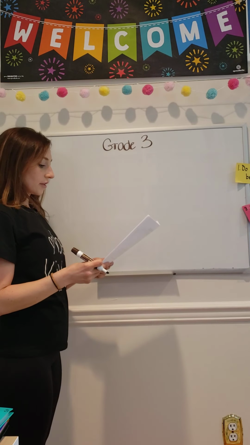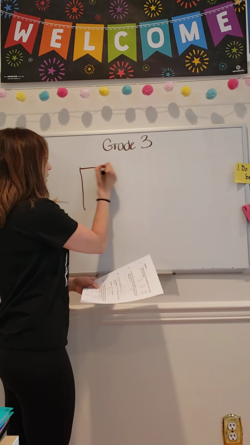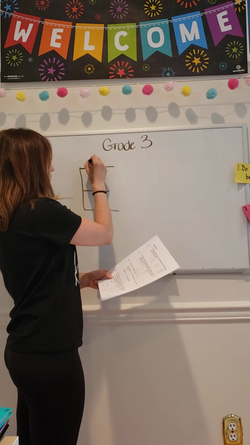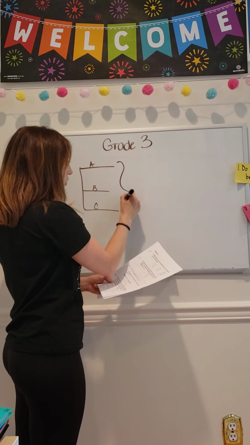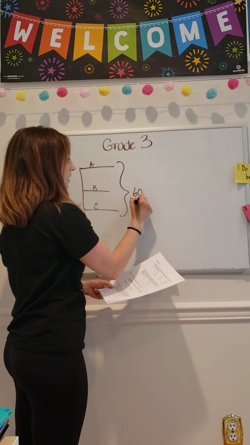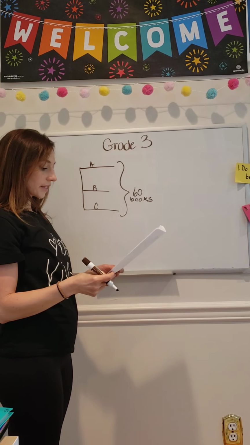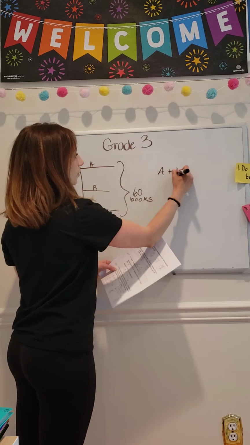And it says, 3 shelves contain a total of 60 books. I'm going to draw a picture so it looks like the letter E for now. But I'm also going to label each shelf. 3 shelves, and all of them together have 60 books. Then it tells us the first and second shelves contain a total of 35 books.